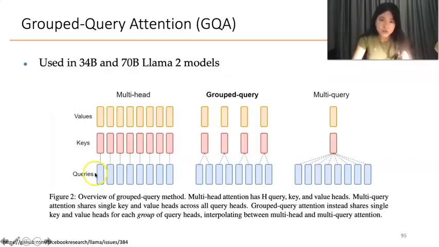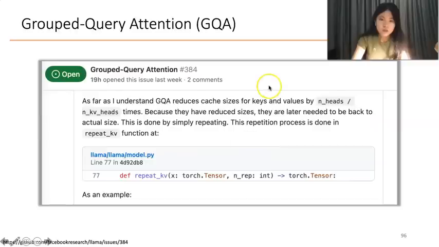So n_heads is the number of your actual local heads, and n_kv_heads is your number of shared heads. For example, you have 8 original heads and only 4 KV heads. So that saves the cache size by 2.